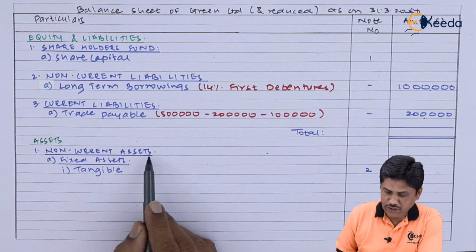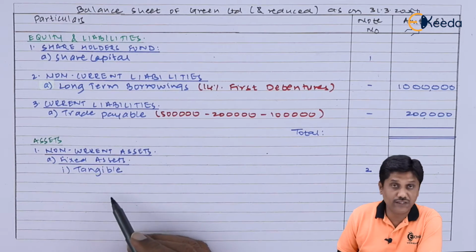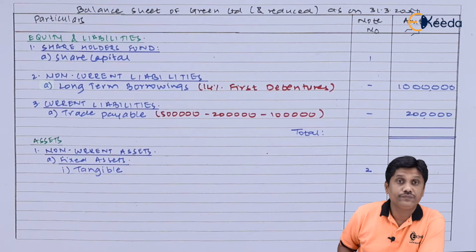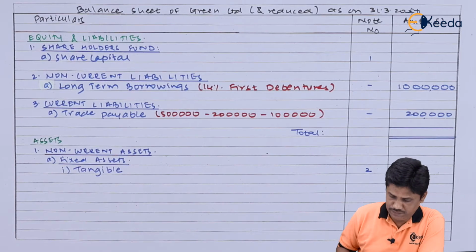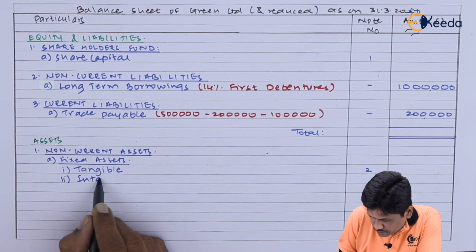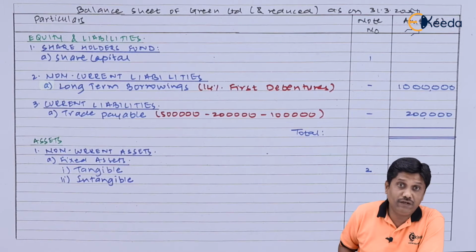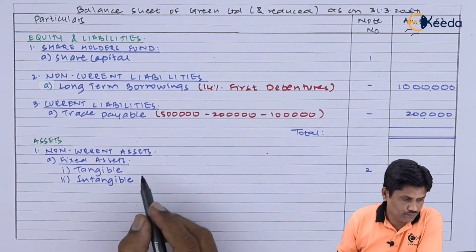Friends, in non-current assets, we have a fixed asset. In that fixed asset, we have number 1, tangible. Second one is intangible. In intangible, we were having goodwill, which is written off.